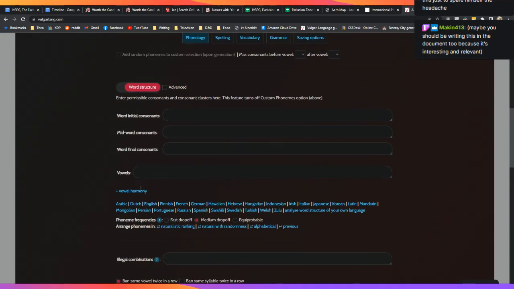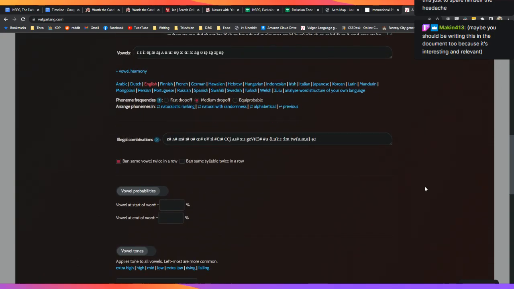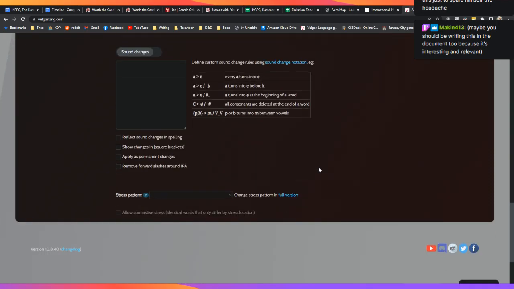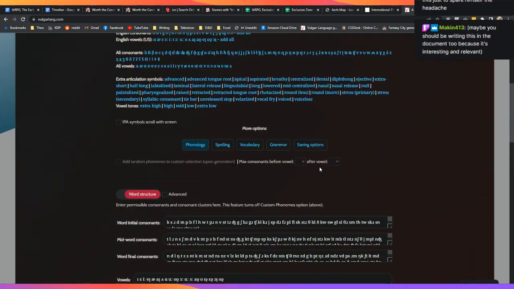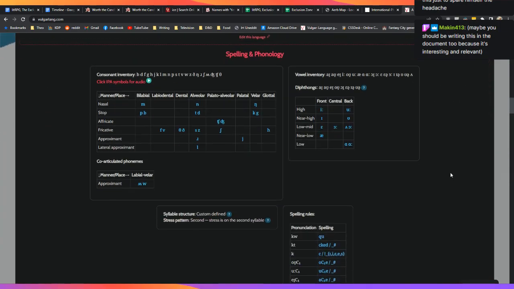So what you can do is you can just be like, hey, give me all the phonemes from English. Here are the illegal combinations in English. I don't care about stress patterns. And then I just hit generate, and it'll generate me something. Okay, so this phoneme chart should exactly match what English has.